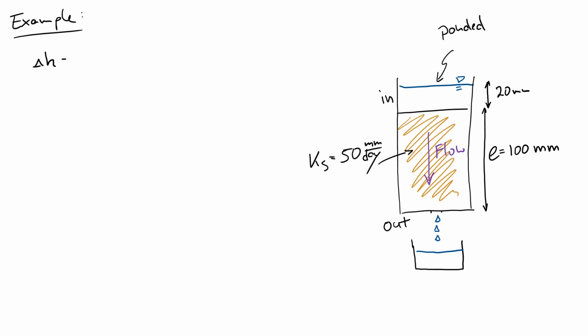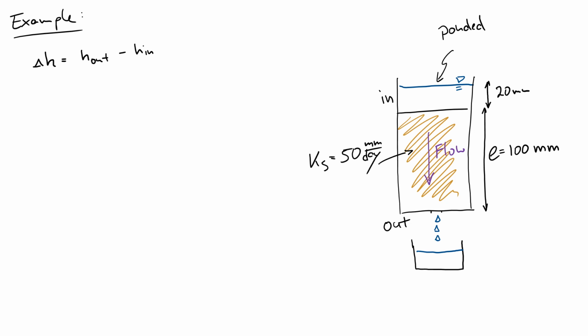We said previously that that is the potential at the outlet minus the potential at the inlet. And for the horizontal flow condition in the previous example, we only had a pressure potential difference driving the flow of water.